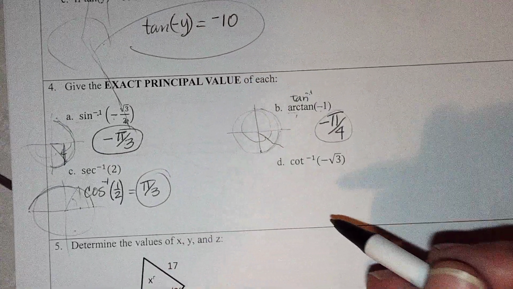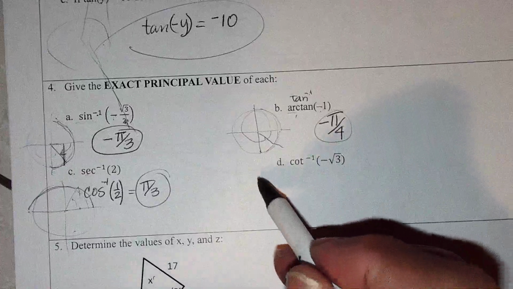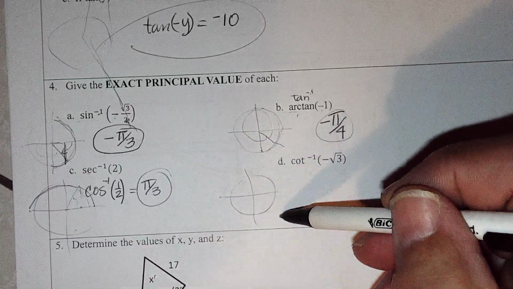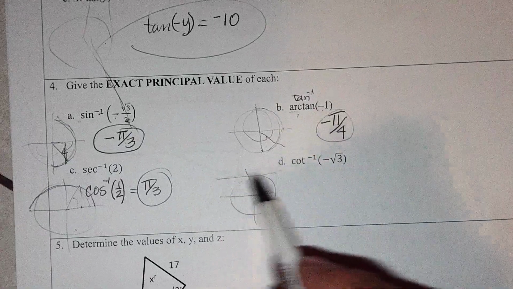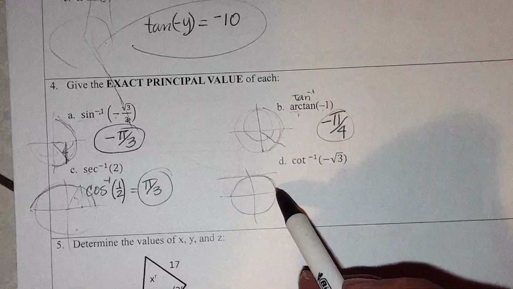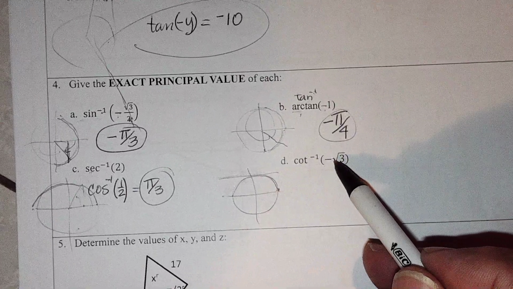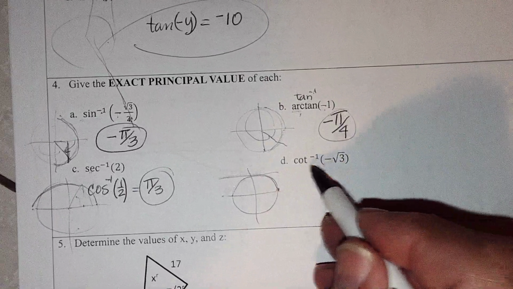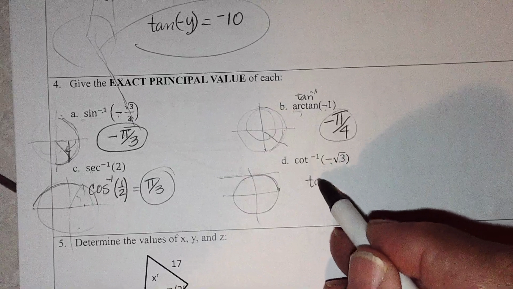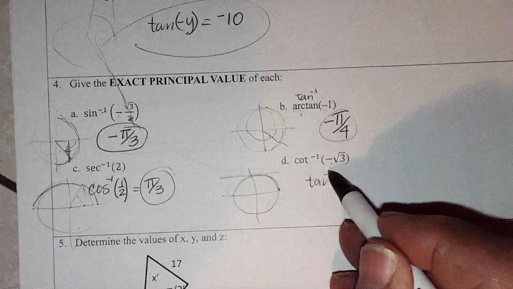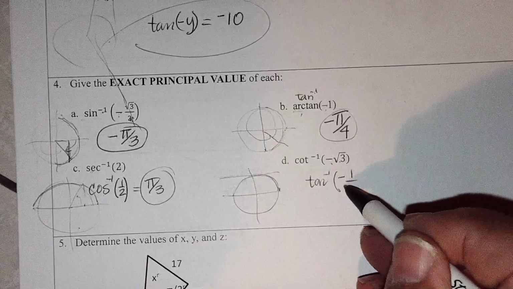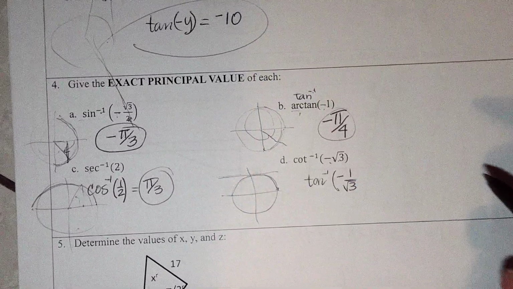Cotangent. Cotangent is not the tangent, but the cotangent line is here, and so you use these two quadrants, and it's negative. So if the cotangent is negative square root of 3, the tangent is negative 1 over the square root of 3.